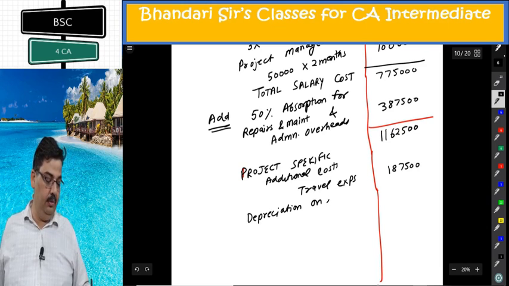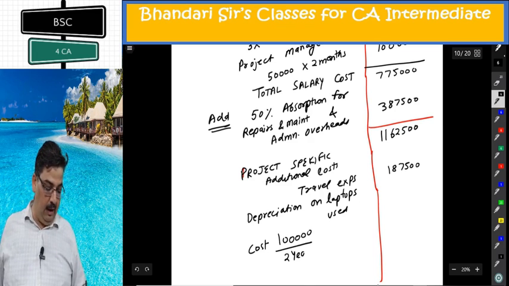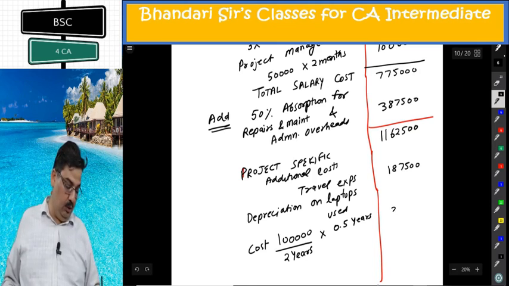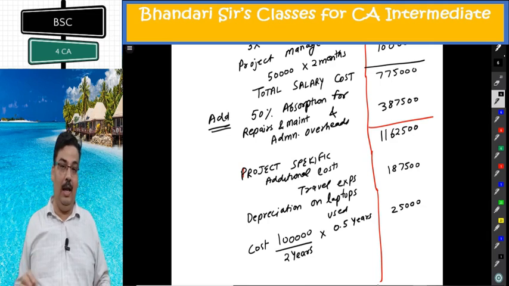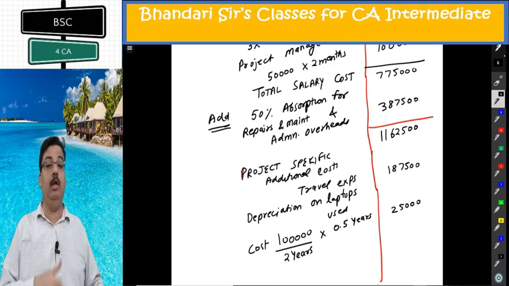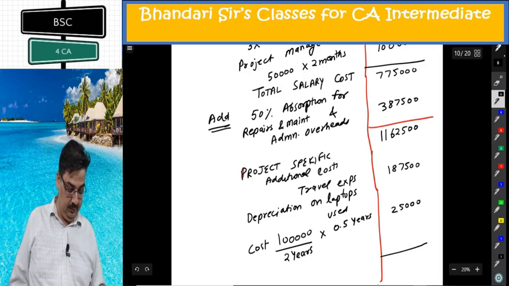Depreciation on laptops used. Cost 1 lakh. Divide by 2 years life, and we are using 0.5 years. So what I will get? 25,000. One laptop 50,000, 2 laptops 1 lakh, life is 2 year, annual depreciation is 50,000. They are being used for half an year, which is 6 months. So 25,000 is additional cost.